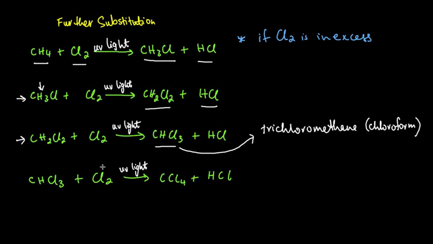Okay, then chloroform can go more and react with chlorine to produce CCl4, which is tetrachloromethane. Okay, and this is also called carbon tetrachloride. So in this product we can see that all the hydrogens have been substituted by the chlorine and therefore there can be no further substitution, and this is where the reaction stops. So this is what happens if the chlorine gas is in excess.